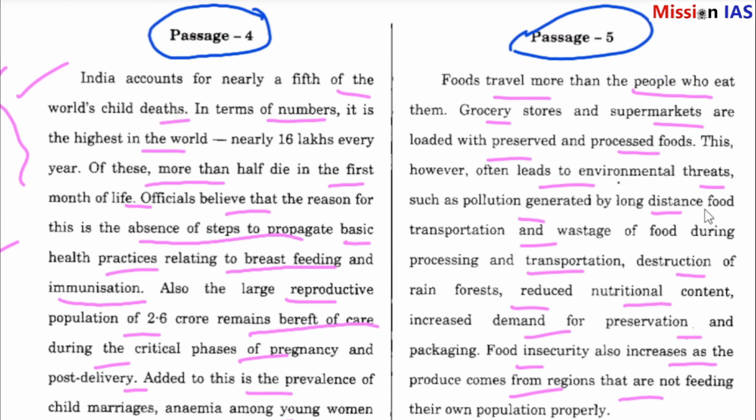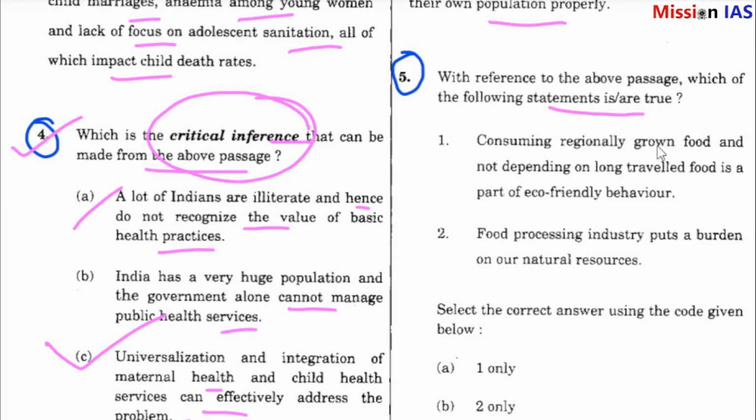So what we understand from this passage is food scarcity, the packaging problem, and how that impacts the environment. So go through the passage and find which is true. Statement 1: Consuming regionally grown food and not depending on long-traveled food is a part of eco-friendly behavior.